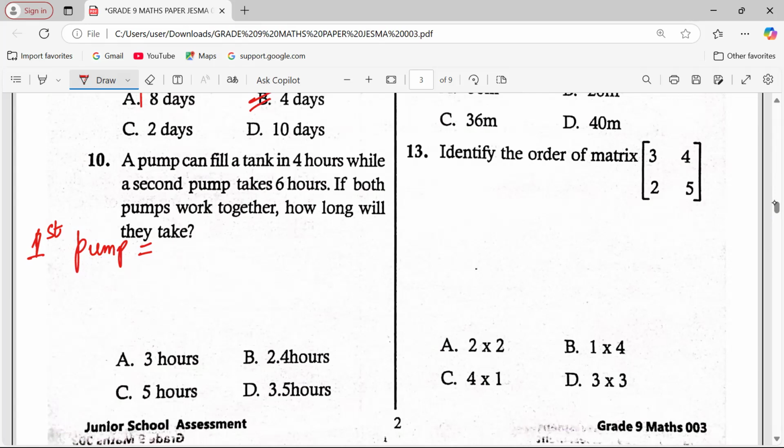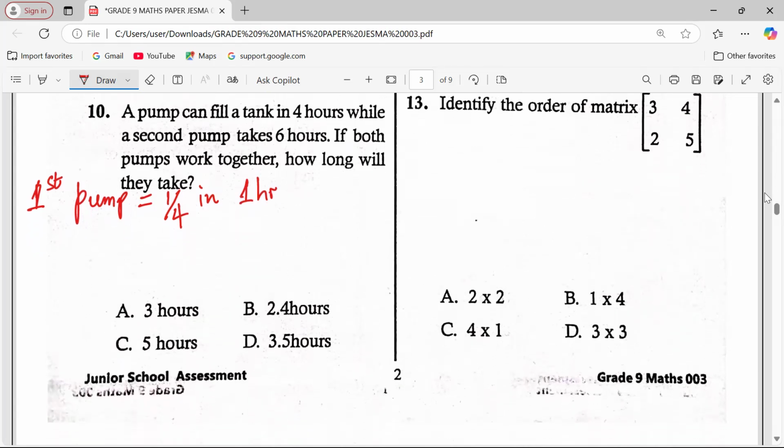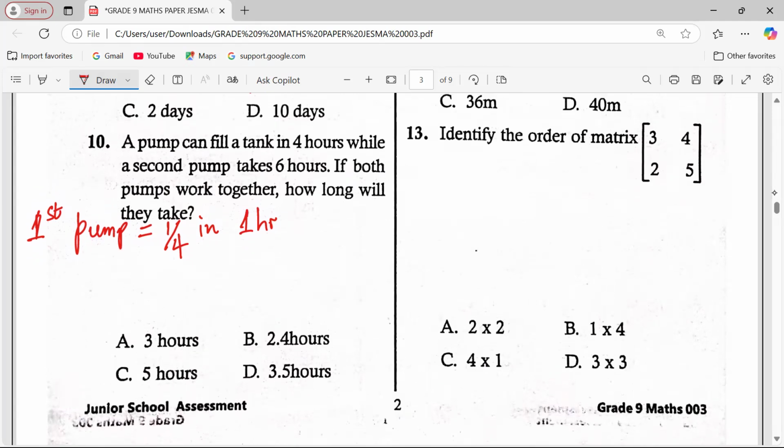4 hours to complete filling the tank, which means in 1 hour, it fills a quarter. So if it requires 4 hours, then per hour it is filling a quarter. The next hour, a quarter. The other hour, a quarter.